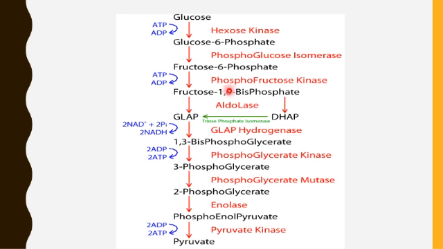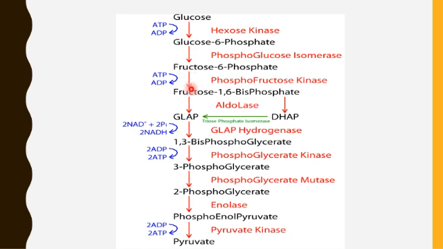So these 10 reactions take place in the cytoplasm, in which 2 ATPs are utilized: glucose to glucose 6-phosphate, 1 ATP, then fructose 1,6-bisphosphate, again 1 ATP. And you gain 2 ATP here and 2 ATP here, which means 4 ATPs are synthesized and 2 are utilized. The total gain is 2 ATPs.